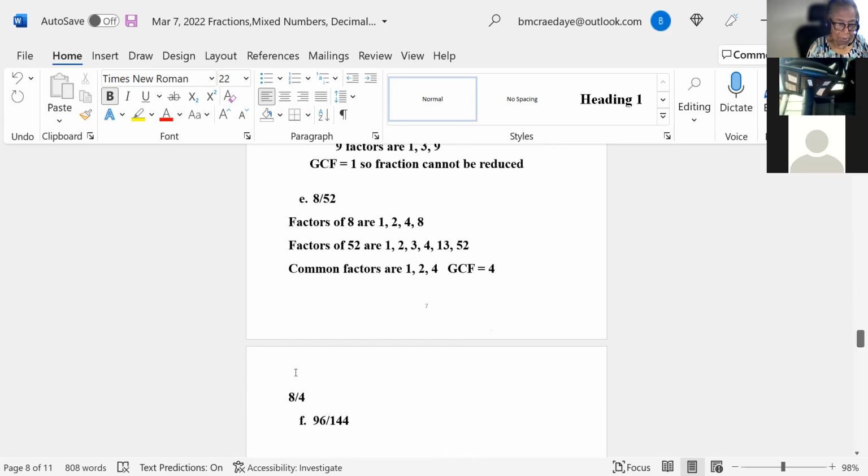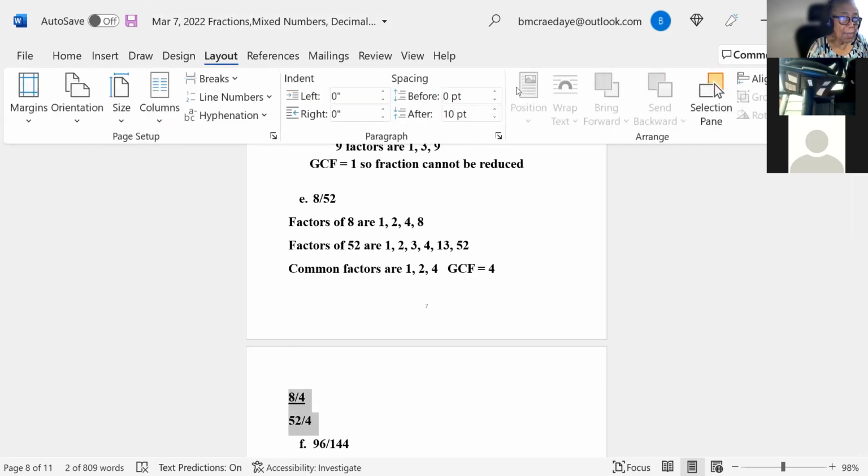Let me put that underneath this. 8 divided by 4, and then we've got 52 divided by 4. Bring that up so you see it's numerator over denominator.